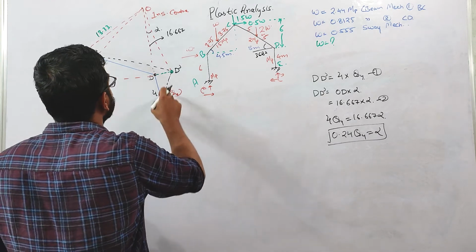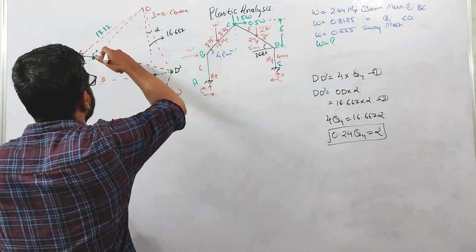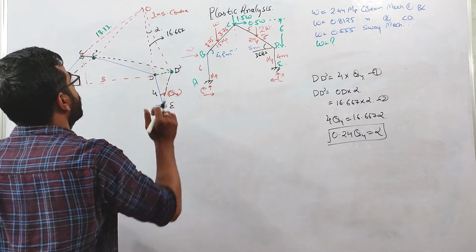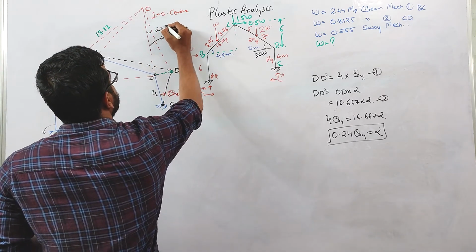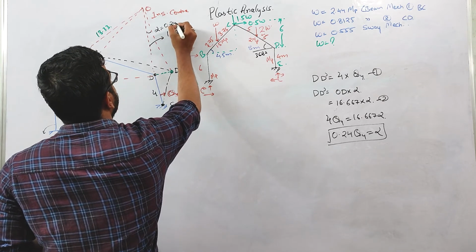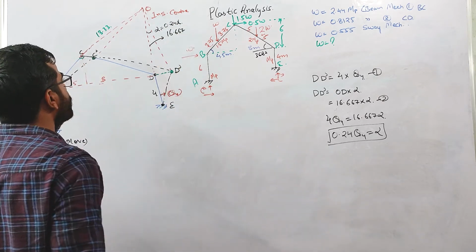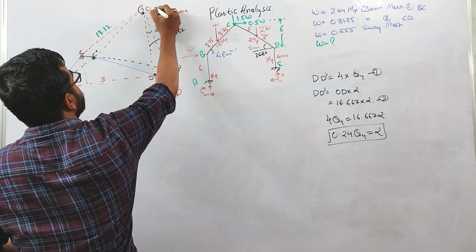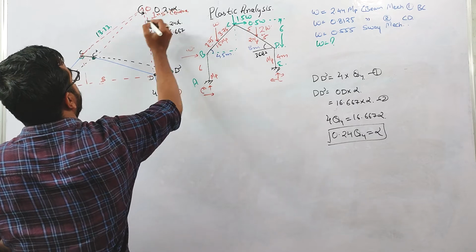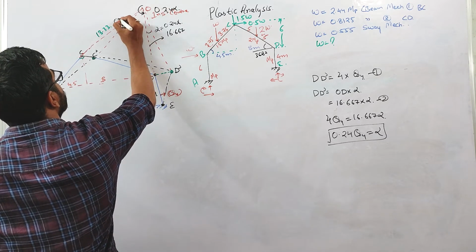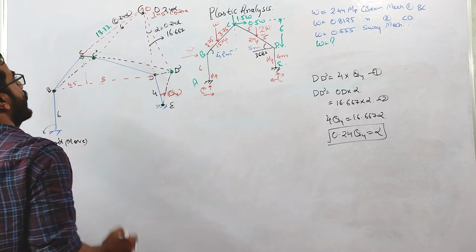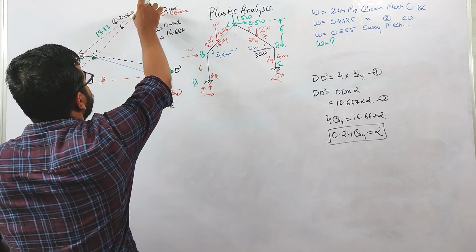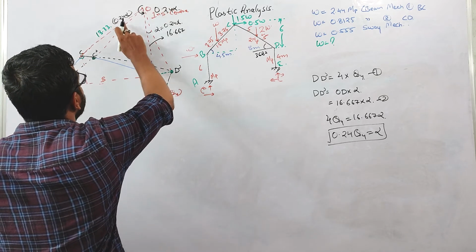Due to this rotation at the center, this member is rotating about this center by an angle of 0.24 theta. So this rotation is at the center. So this will also be equal to 0.24 alpha, because this rotation is generating at the center, right?